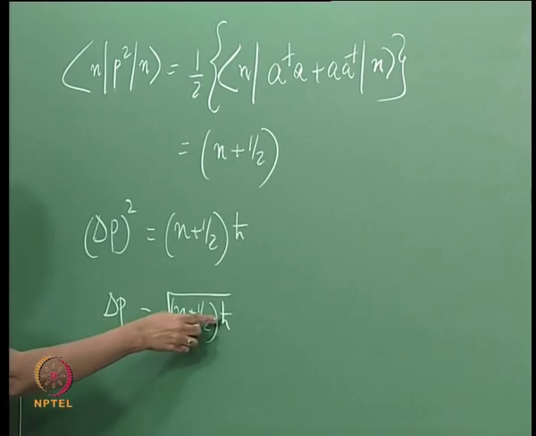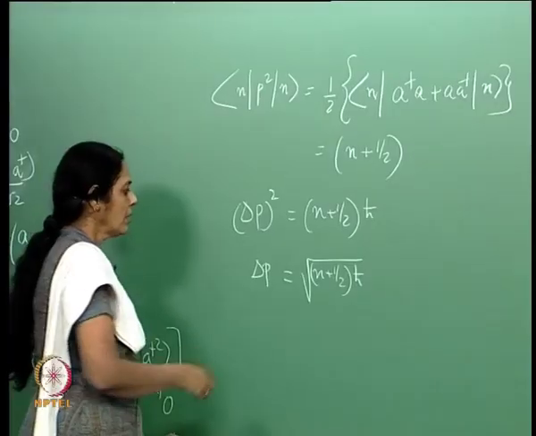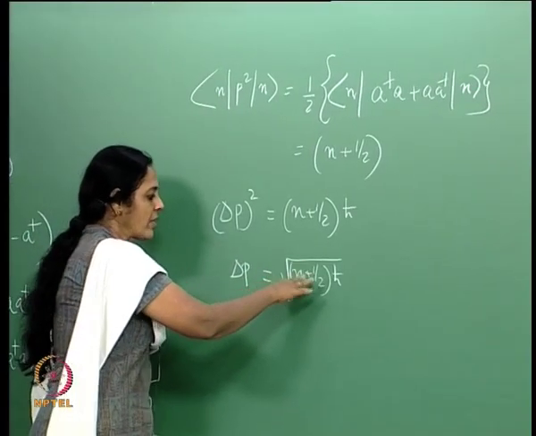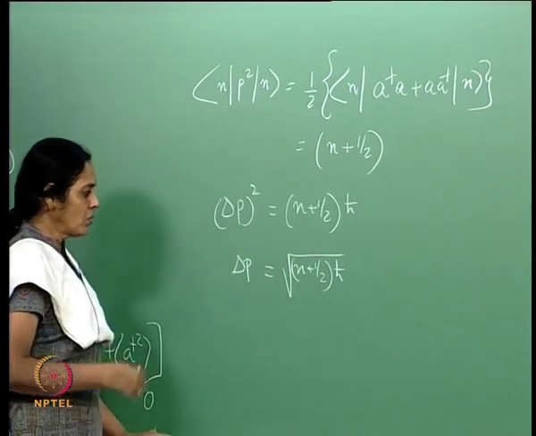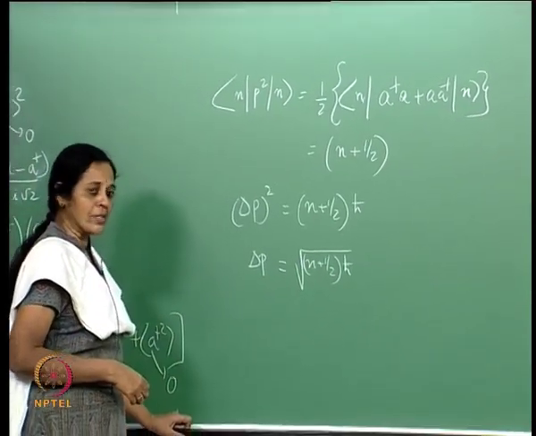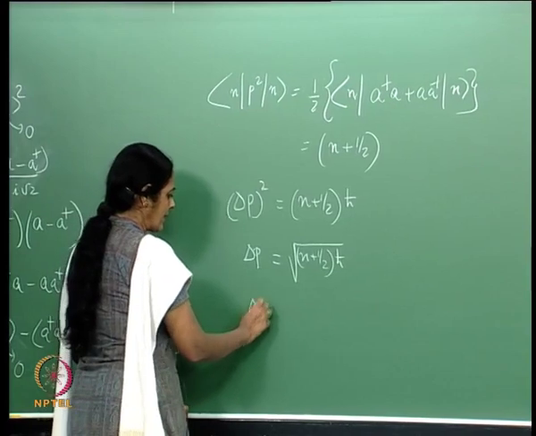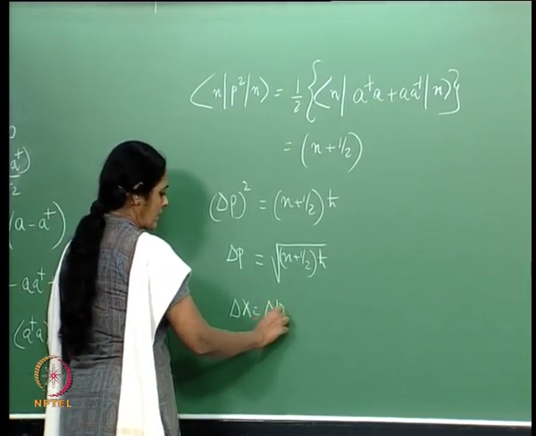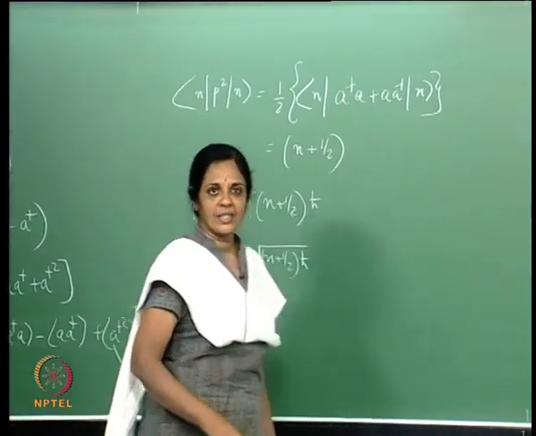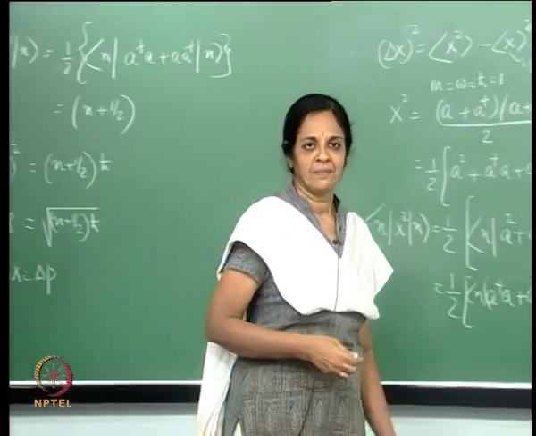While in the ground state, I have the minimum value. In the first excited state, it is the square root of 3 h cross by 2, and so on, and we find that delta x is equal to delta p in any state ket n of the oscillator.